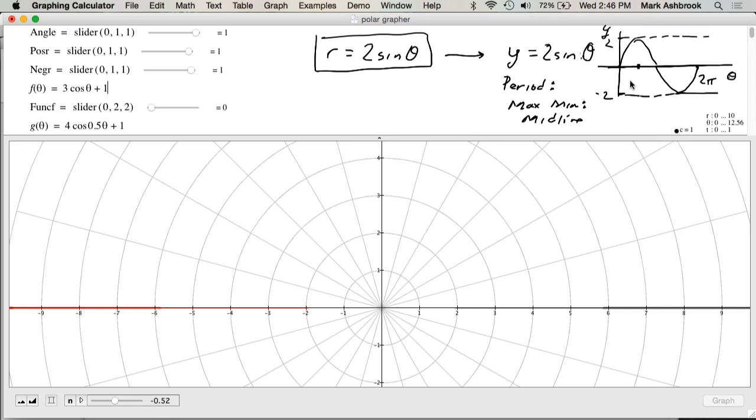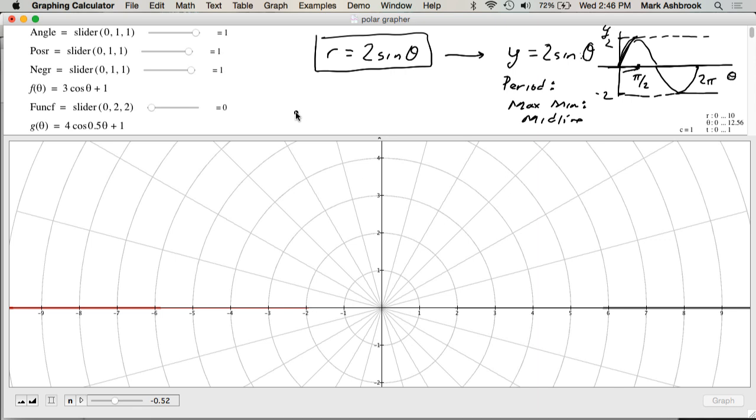Okay, so as the angle goes from 0 to pi over 2, what does r do? It increases from 0 to 2. Again, as the angle goes from 0 to pi over 2, this graph tells us that the radius goes from 0 to 2.